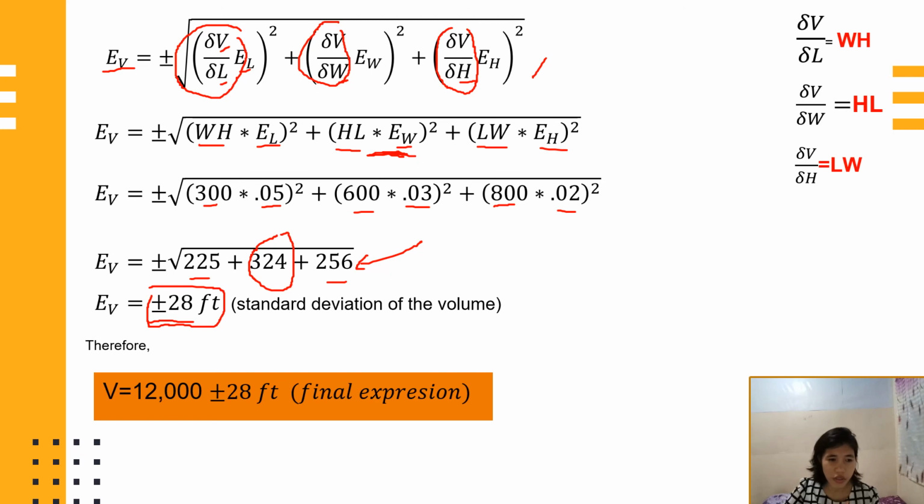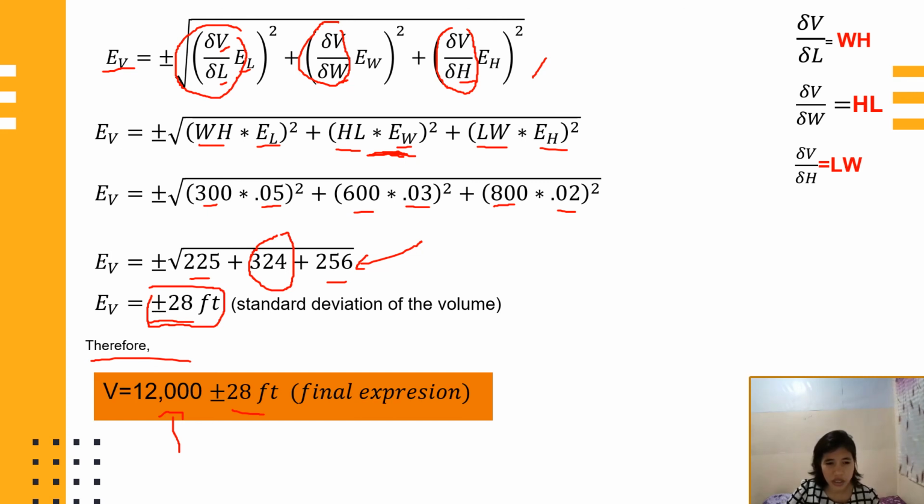So, therefore, your final expression is equivalent to 12,000 plus minus 28. Where did I get the 12,000? That is the length times width times height, plus minus your 28 feet. So, usually, this 28 feet error is very large for this type of survey where the distances between the length, height, and width are very small.